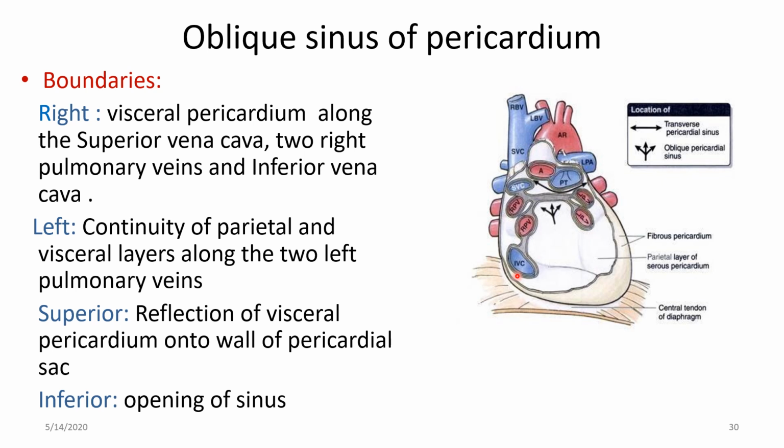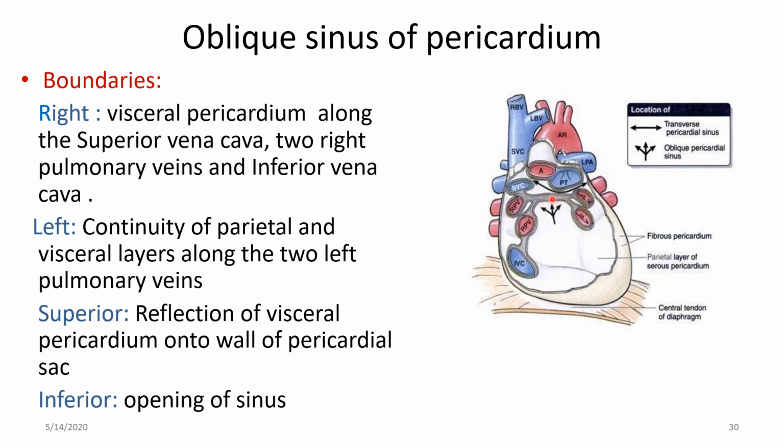The right boundary for the oblique sinus of pericardium is the visceral pericardium along the superior vena cava, the two right pulmonary veins and inferior vena cava. So this is the right boundary, and the left boundary is the continuity of parietal layer with the visceral layer along the two left pulmonary veins.